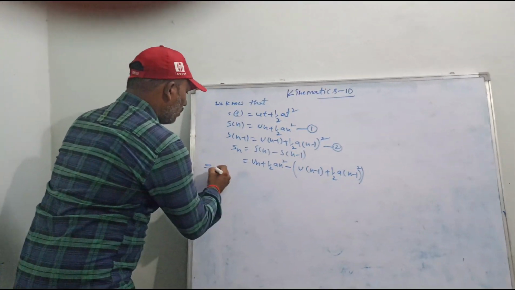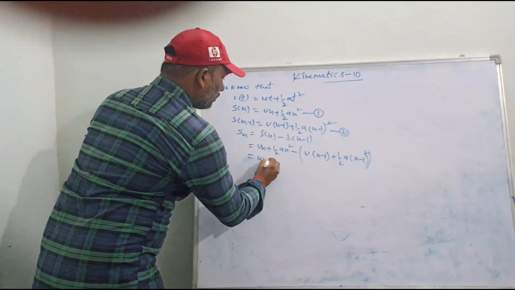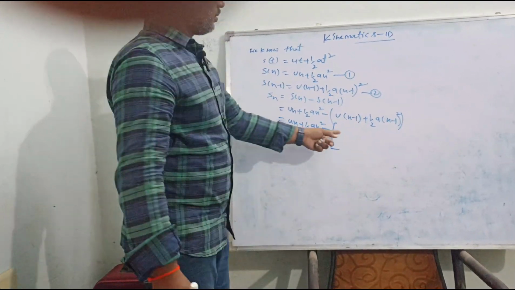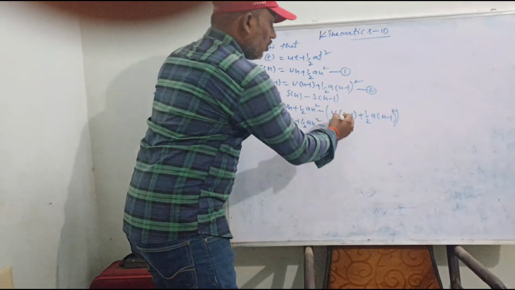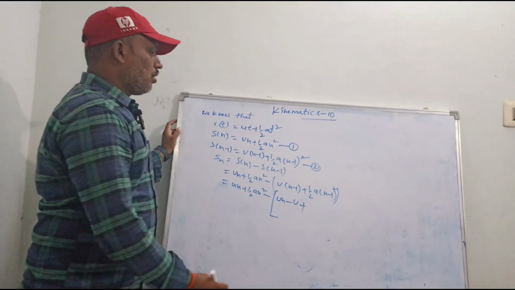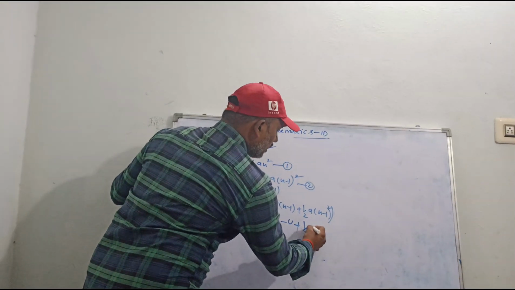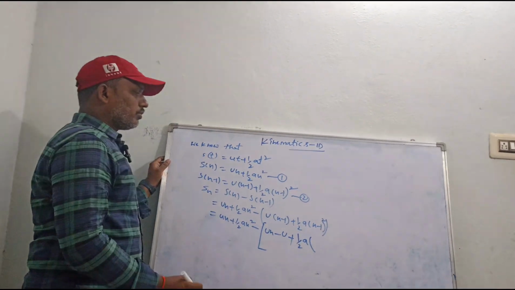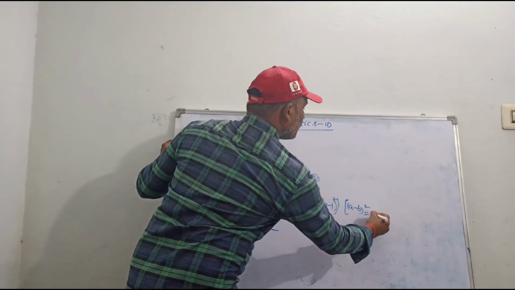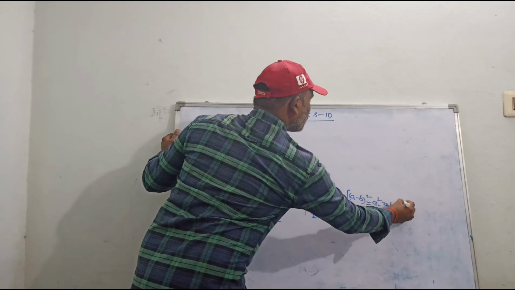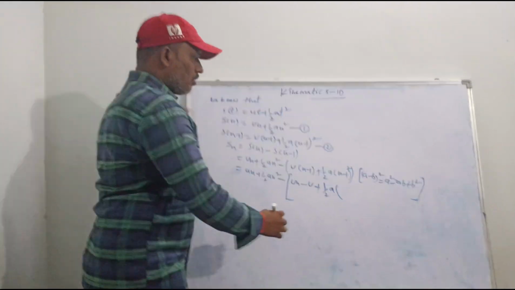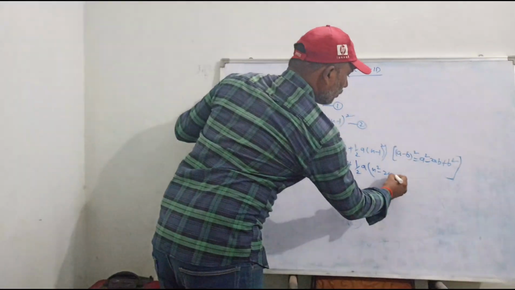Now un plus half into an square minus, I am expanding this one, so u into n, u into minus 1, plus half into a into n minus 1 whole square. What is the formula for a minus b whole square? a square minus 2ab plus b square. So I am expanding it that way, so n square minus 2n plus 1.